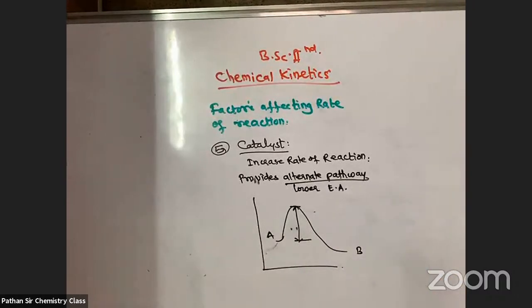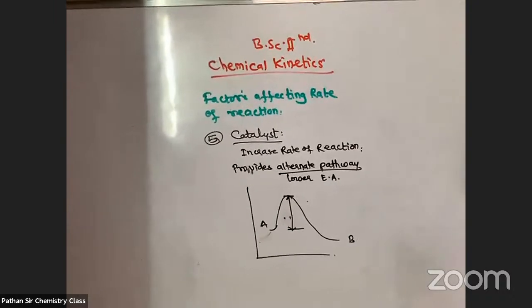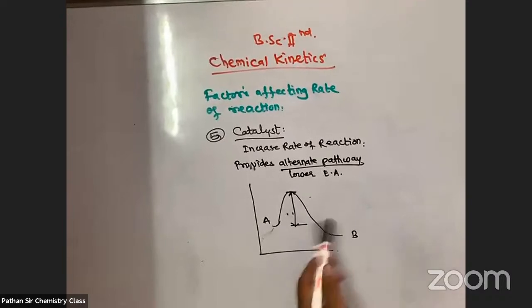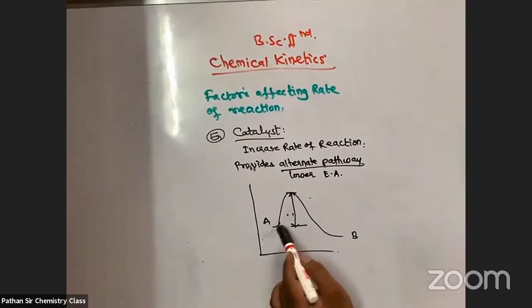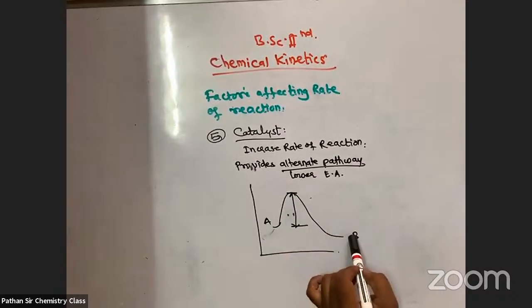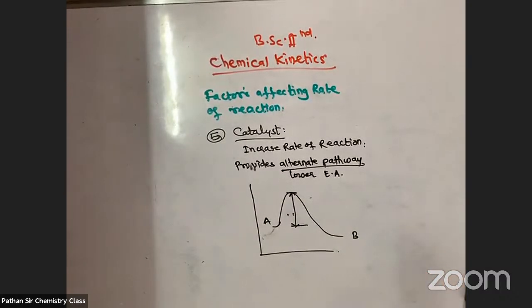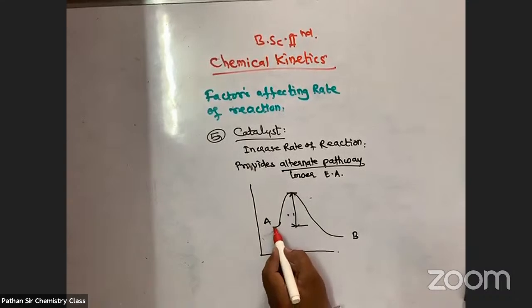For example, if you are not using any catalyst for the reaction, and the energy profile is just like this, it should pass this transition state to reach product B. Now if you're using catalyst, what happens? Catalyst provides an alternate pathway.